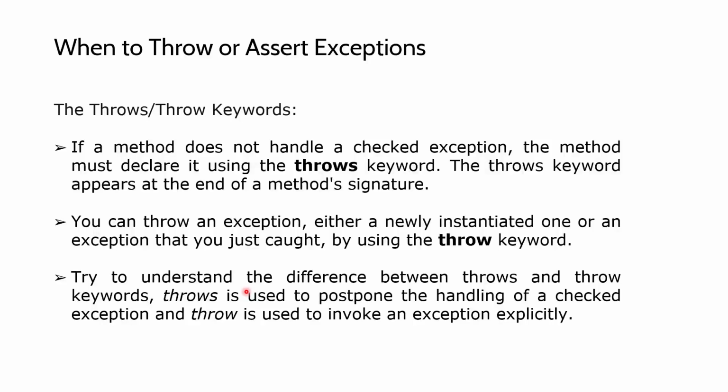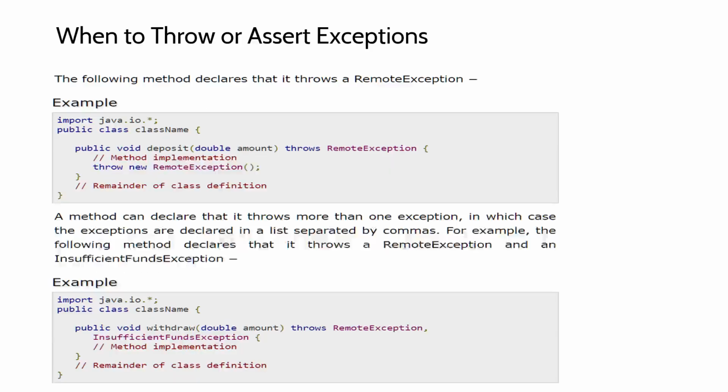We saw an example of that with the previous application, whereas the throw keyword is used to invoke an exception explicitly. So if it is an error that we know is a problem with business logic, we would use the throw keyword to invoke that exception explicitly. This might not be something that's necessarily picked up by Java itself.